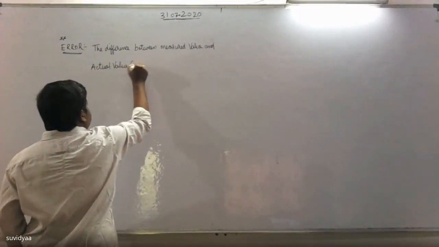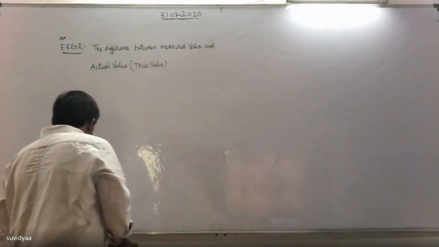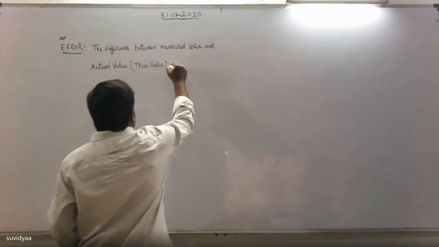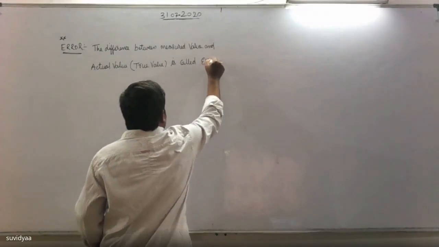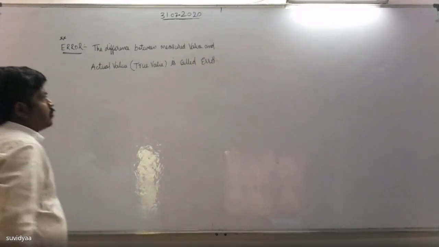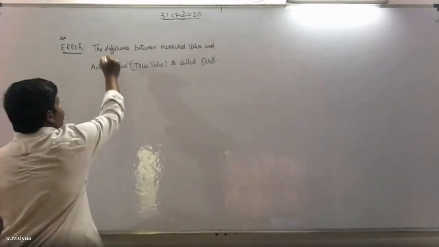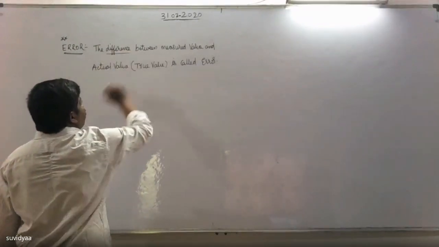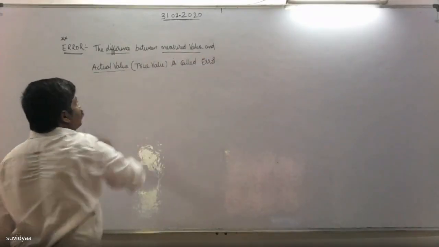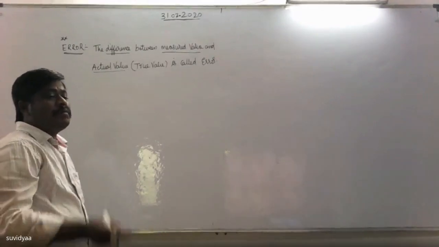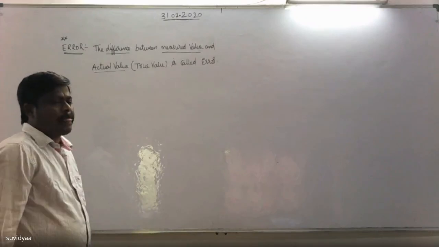Actual value is also called the true value. The difference between measured value and actual value is called error. Understood? Error definition. The difference between measured value and actual value is called error.